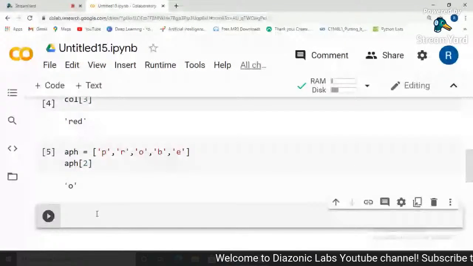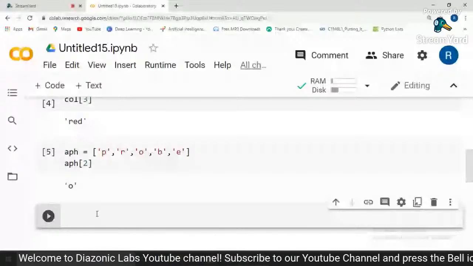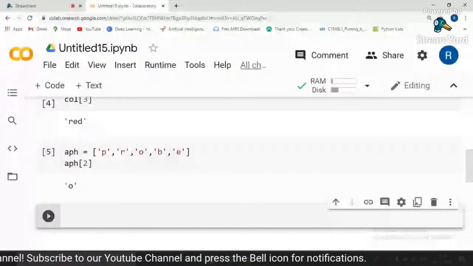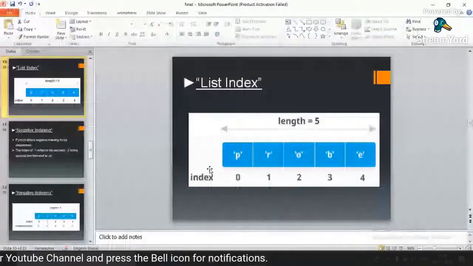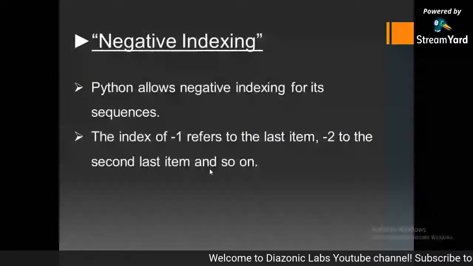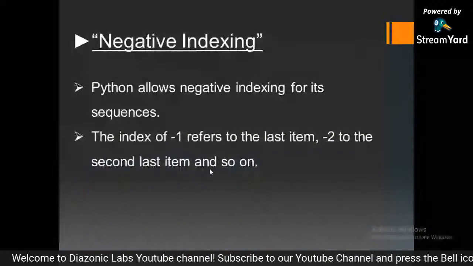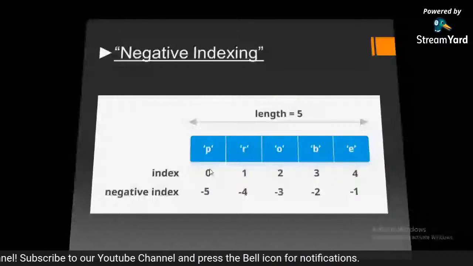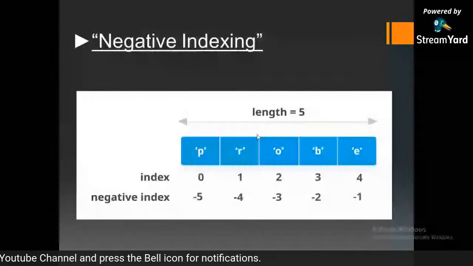So unlike other languages, Python provides the flexibility to use the negative indexing also. So let me just show you the slides here. As you can see, Python allows negative indexing for its sequences. The index of -1 refers to the last item, and -2 to the second last item, and so on. Here, the list has 5 elements in it.